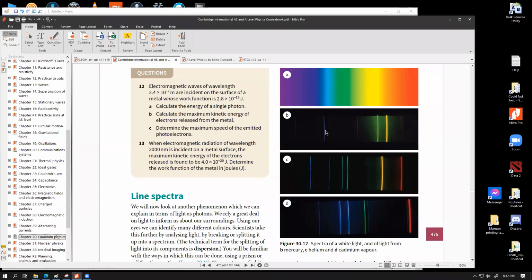So the brightness is relevant to how many photons were released of that specific energy amount. Brightness is relevant to the number of photons. This is basically the number of electrons. Sorry, the number of electrons which made the jump and emitted a photon. Yes.